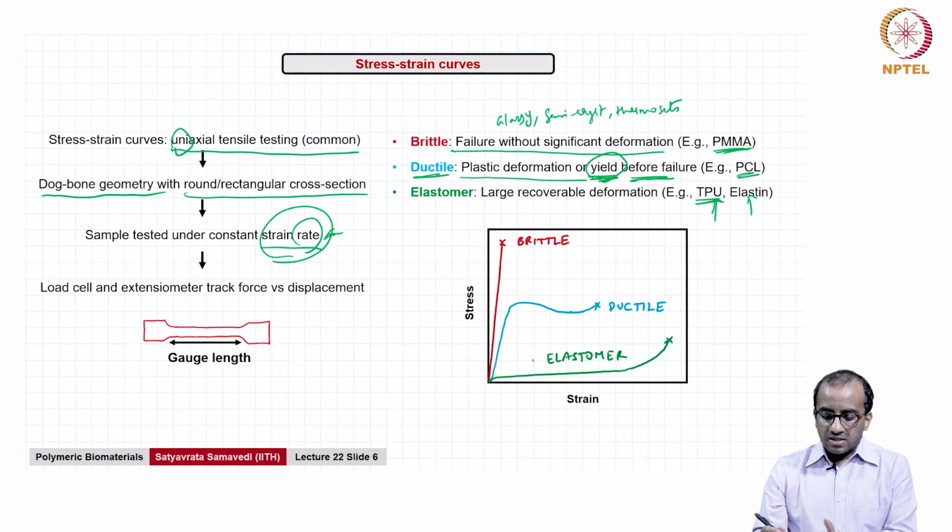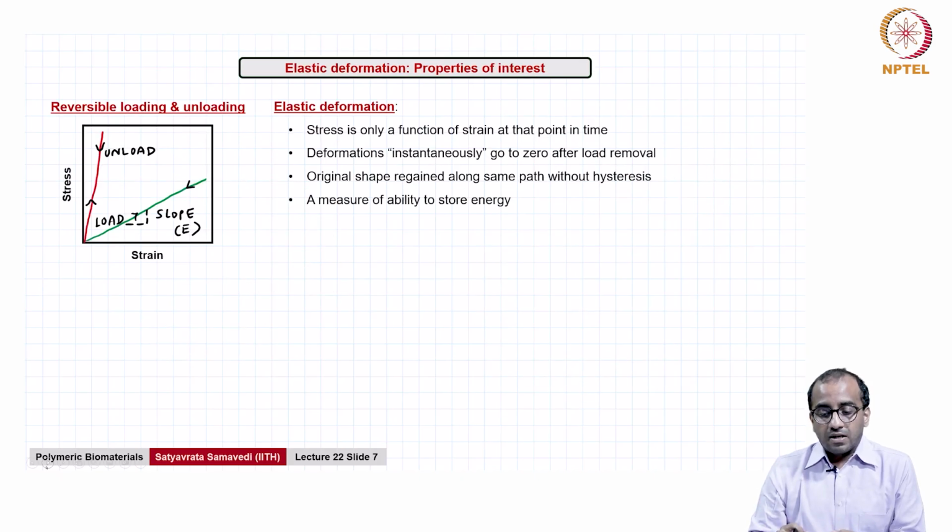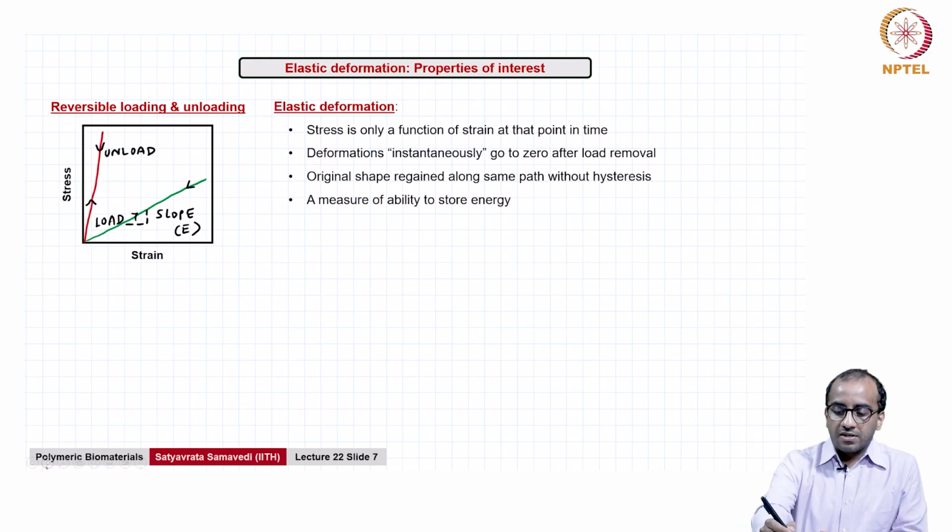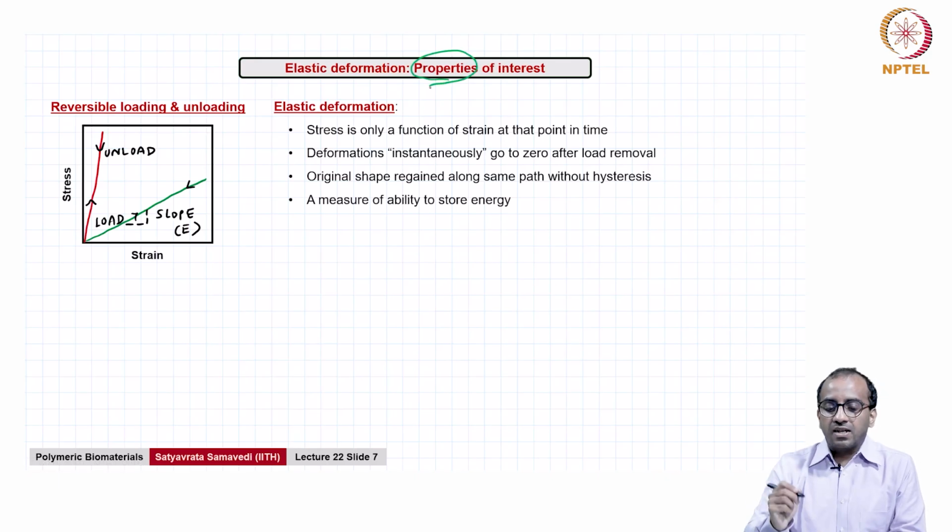Now, with that stage being set, we are in a good position to start thinking about how to extract useful mechanical properties from these mechanical variables, namely stress and strain. And the first thing we will look at is the elastic deformation, and we are interested in specific mechanical properties.